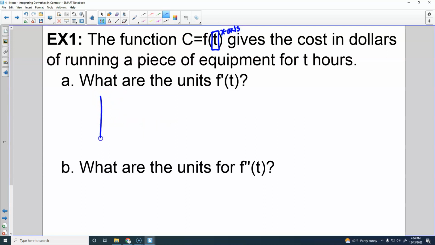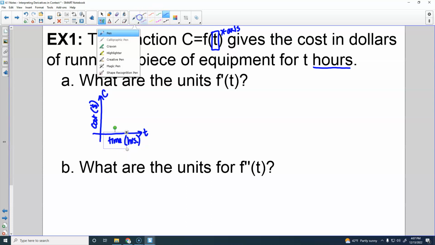If we're thinking about a little graph here, the x-axis, that's going to be our t, and then we could either call our y-axis f, or I'm going to call it c right here, because c equals f of t. And it tells us that this function gives us the cost in dollars. That's your y coordinate, so cost in dollars. And running an equipment for t hours. So this is time in hours.